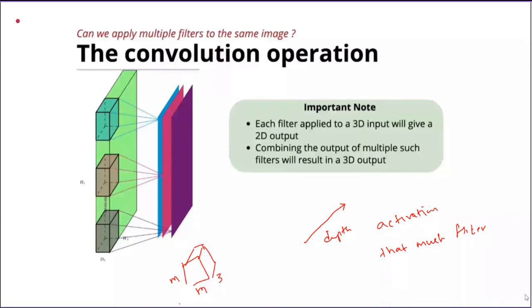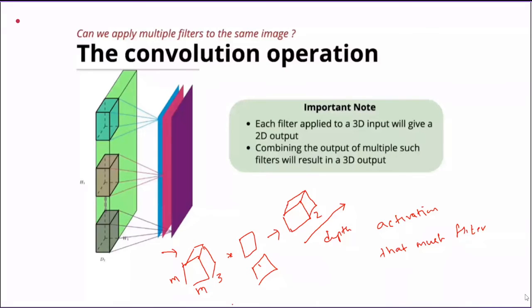If I am using only one filter, then you will get an activation map with only one channel. If instead of one filter I am using two filters, then you will get an activation map with two channels.